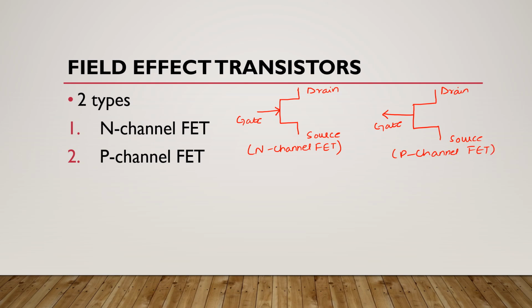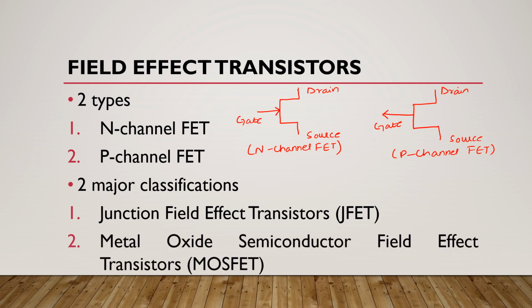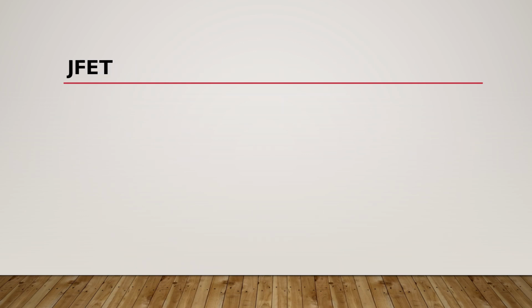Now these field effect transistors have two major classifications. First is junction field effect transistors or JFET, and second is metal oxide semiconductor field effect transistors or MOSFET. First, we will understand junction field effect transistors.